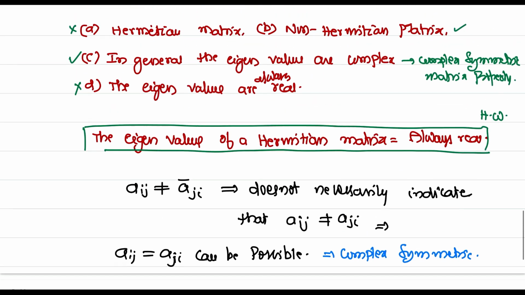Hence, answers B and C are correct. It can be a non-Hermitian matrix, and it can have complex numbers as eigenvalues.